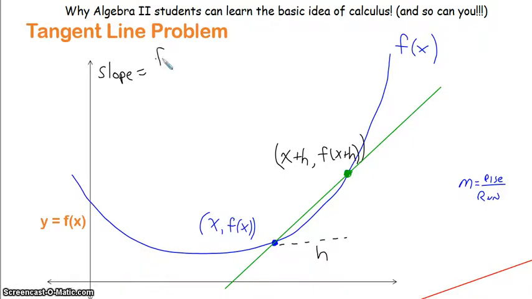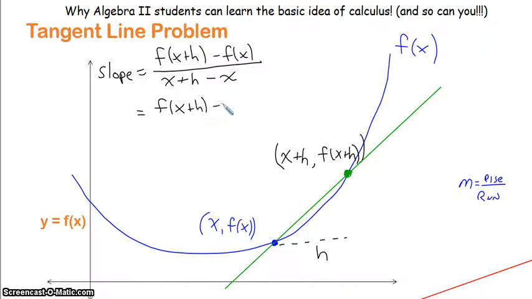So I'll write it as f of x plus h minus f of x, all over the distance between these 2 points, which is x plus h minus x. So when I simplify that, I end up with f of x plus h minus f of x. We cannot simplify that. However, we can simplify the bottom. We can cross out these x's, so I'm left with over h. And that's the slope of a line.